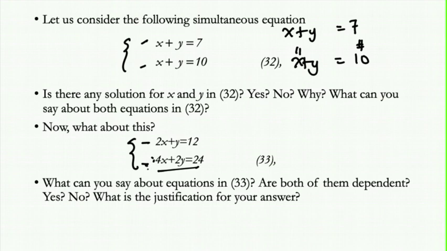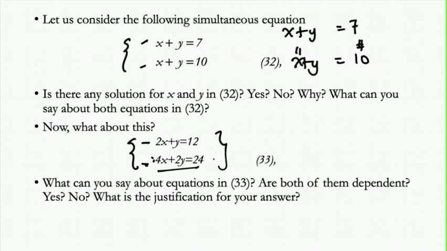So the second one is just a double of the first one. If you factorize it, it's just the same as the first one, isn't it? So these two equations are actually the same, and both of them are functionally dependent. When both of them are functionally dependent, we're actually left with one equation but two unknowns, x and y.